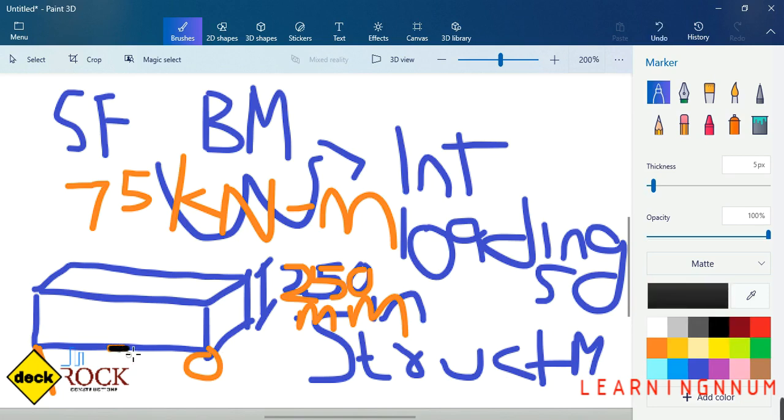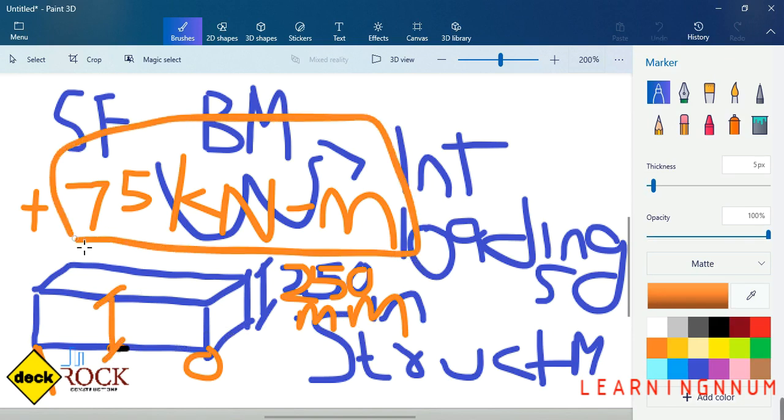Now we have a sagging or positive 75 kilonewton meter bending moment at this point. Now suppose the depth I have provided, 250 millimeters, is failing. That means the depth of 250 millimeters at this point is not enough to develop 75 kilonewton meter resistance against the bending moment due to some external loading acting on this beam.